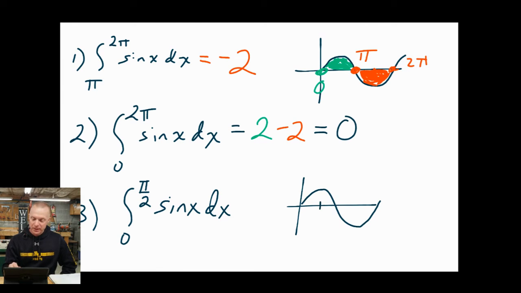Pi over 2 is going to be halfway. That's a little hint, isn't it? Halfway in this first bump. So we're looking at just this piece. Well, of course, if the whole bump is equal to 2, and we've only traveled halfway through that interval, then it would reason to think that this one is going to be half of 2, which is 1.